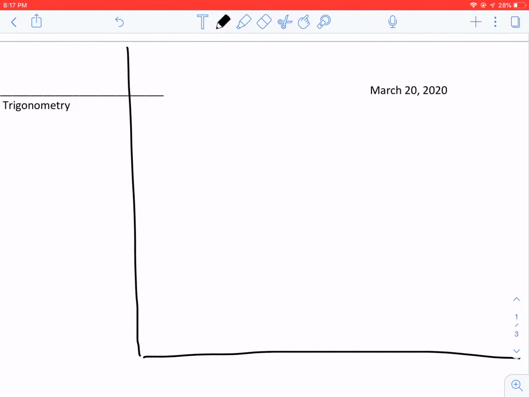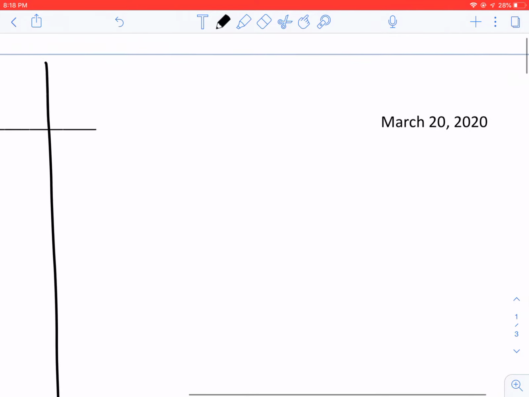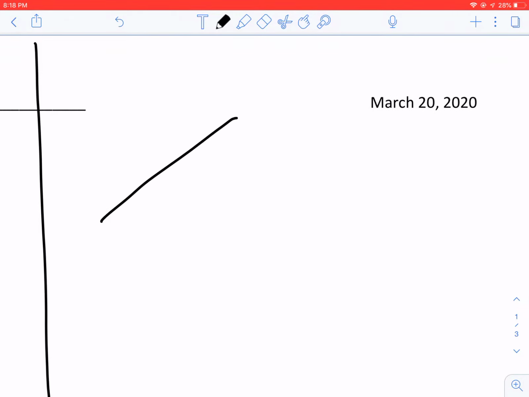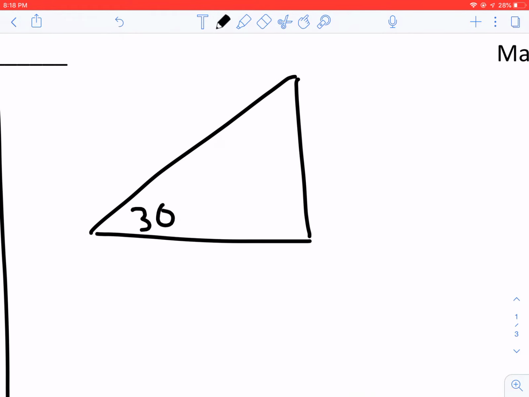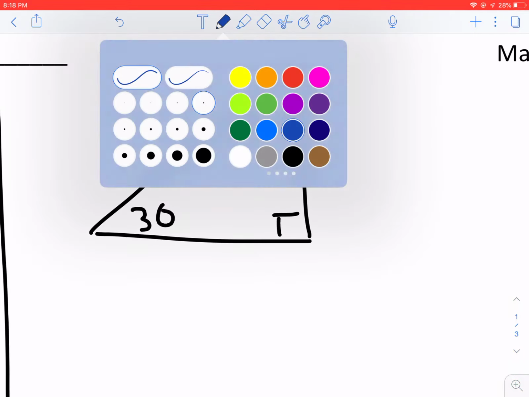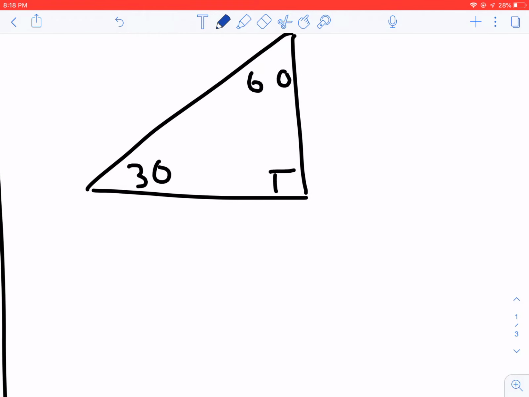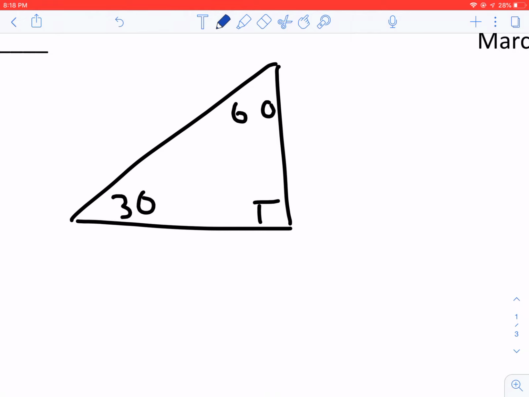A semi-common mistake I saw on assignment number 1 was in a 30-60-90 right triangle. Some people had a hard time getting the other two side lengths when the longer leg was given. It's very easy when you're given the shorter leg.